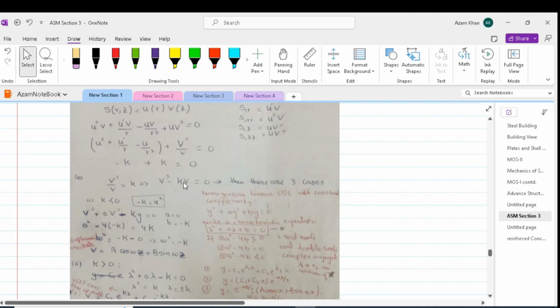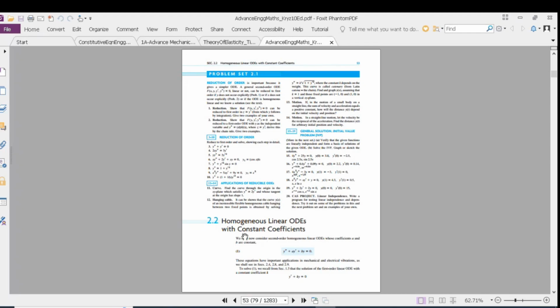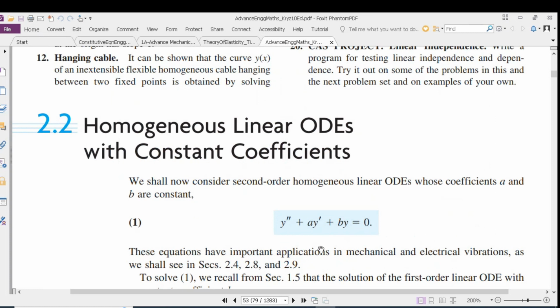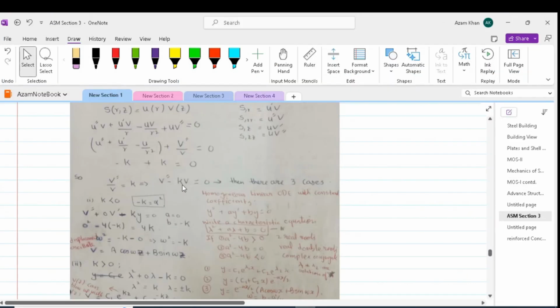This type of equation is called a homogeneous linear ordinary differential equation with constant coefficients. As we can see, this is an ordinary differential equation and its coefficients are all constant, and it is homogeneous because the right hand side is equal to 0. So this is the same form as given over here.